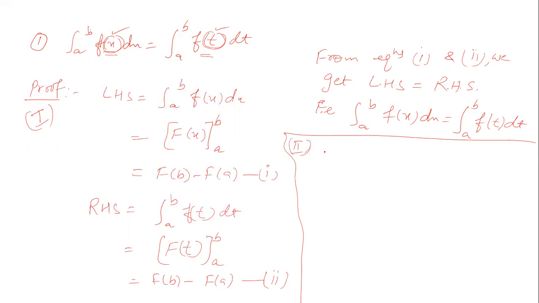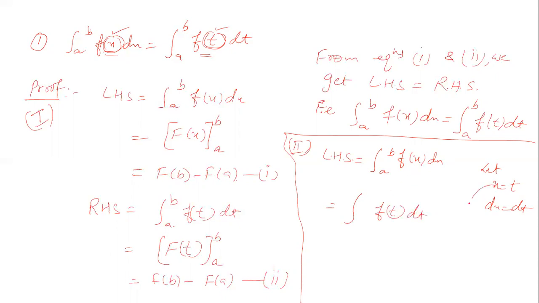Taking LHS, it is integral from a to b of f(x) dx. Let's assume over here let x equals t. So dx would be dt. So it will become f(t) dt.